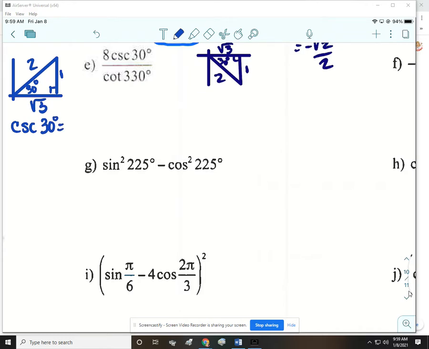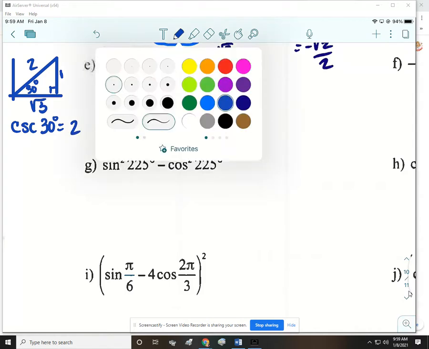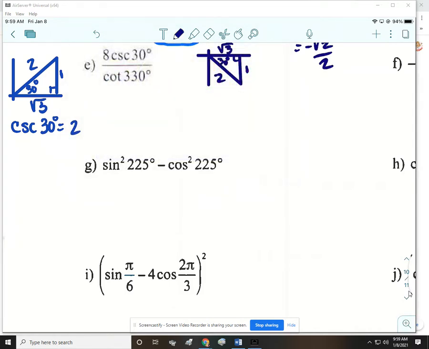All right, so in quadrant 1, cosecant is definitely positive, all positive. So for cosecant, it's going to be the hypotenuse over the opposite. Okay, tangent and cotangent are negative in quadrant 4. Cotangent is going to be the adjacent over the opposite.